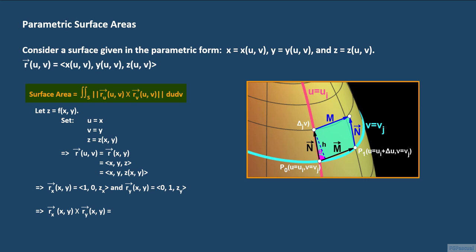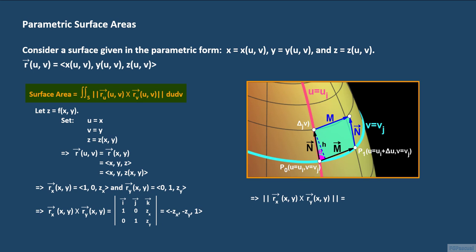And so the cross product of r sub x and r sub y becomes the determinant whose first row are the vectors i, j, and k. The second row is 1, 0, z sub x. And the third row is 0, 1, z sub y. We calculate this to be the vector minus z sub x, minus z sub y, 1.